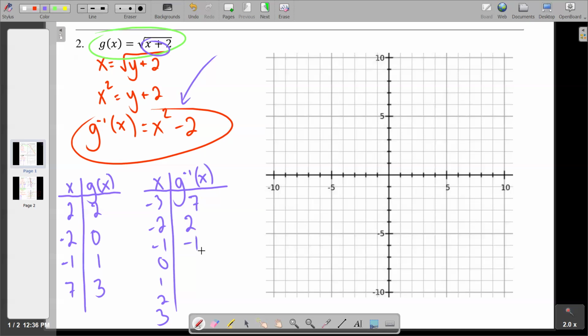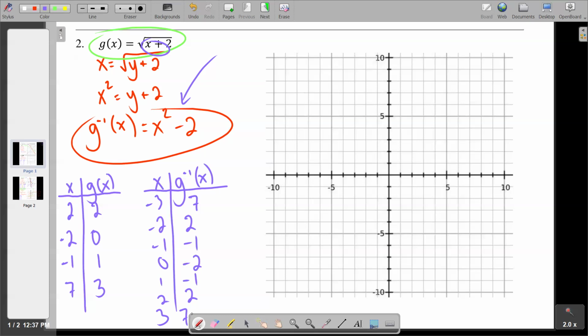Put in a 0. What's 0 squared? 0 minus 2. 1 squared. 1 minus 2. 2 squared. 4 minus 2. 3 squared. 9 minus 2 is 7. So I know I kind of ran myself out of real estate there, but those are the numbers that are going to work for our inverse function.